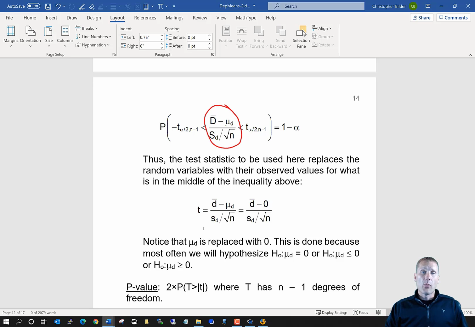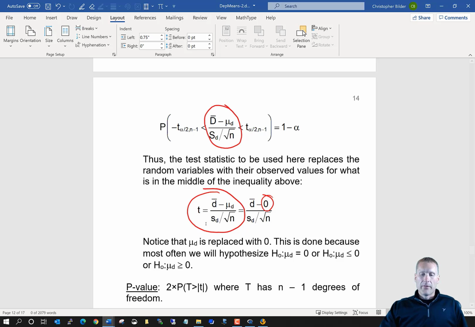Here, now I write it in terms of the d's, so our test statistic becomes d bar minus the hypothesized value of the difference of the means. And for us, it typically will always be 0. Very rarely would there ever be a case where you would want to look at something different from 0. Divide by the standard deviation, which is also divided by the square root of n.